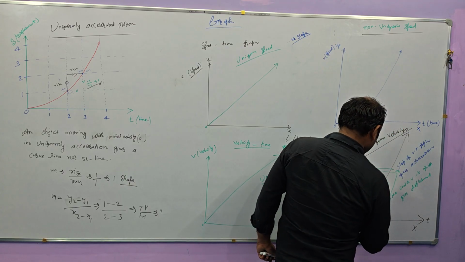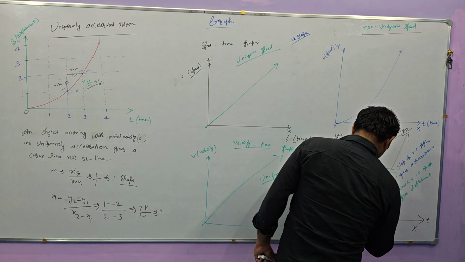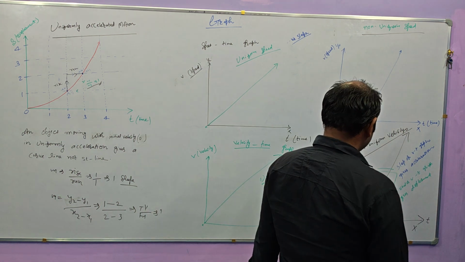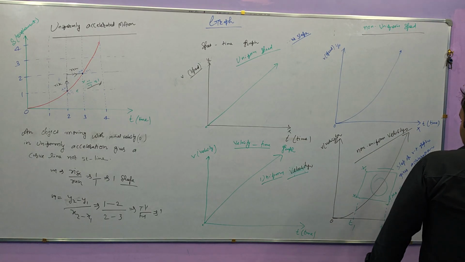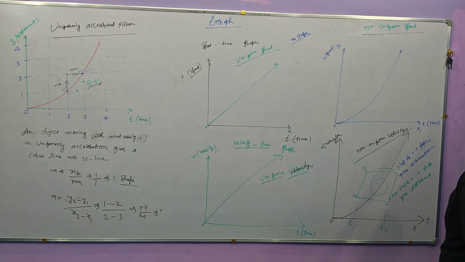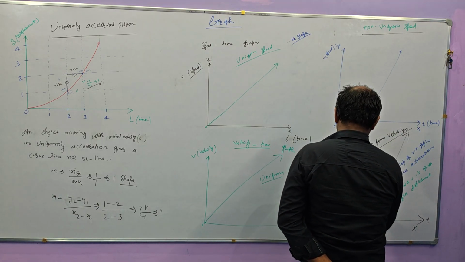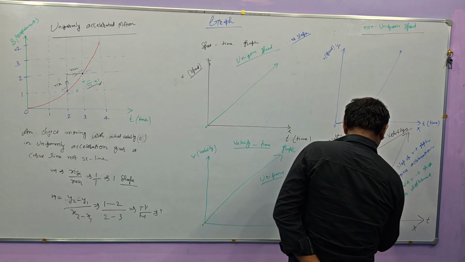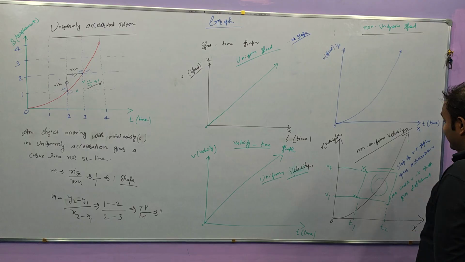Area under this directly gives S2. We have V2, V1, and time T1, T2.